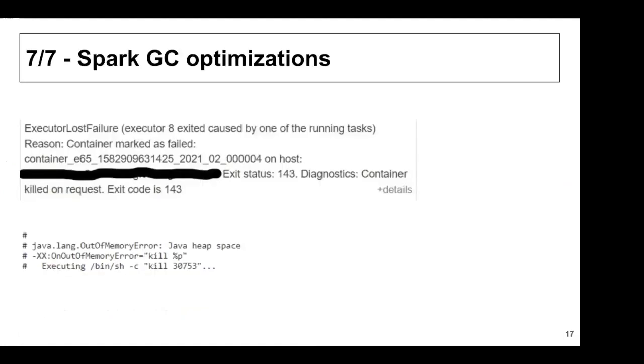So now we have some optimization, because Spark streaming is a very long running process, and it is very evident to find some memory issues.